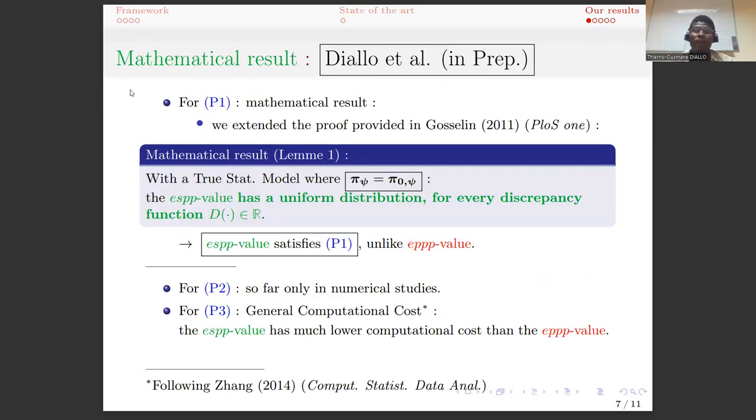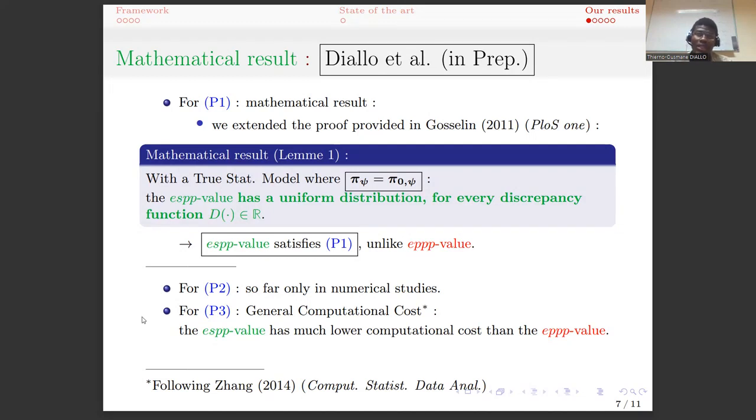What were our results? We extend the proof, providing Gaussian assumptions at the latent level, and prove that the ESPP-value satisfies P1. To compare EPPP and ESPP-values for P2, so far we have only a numerical study.